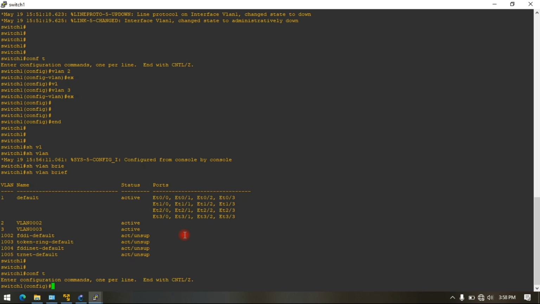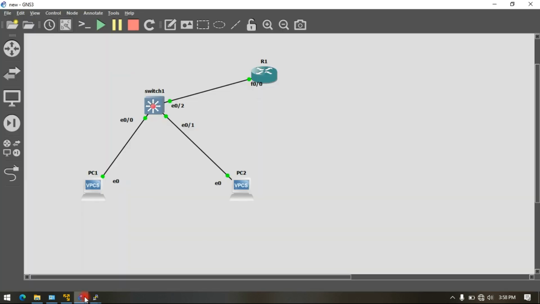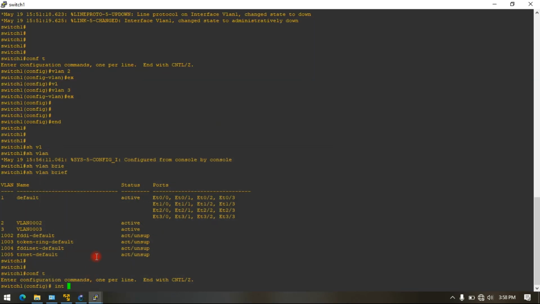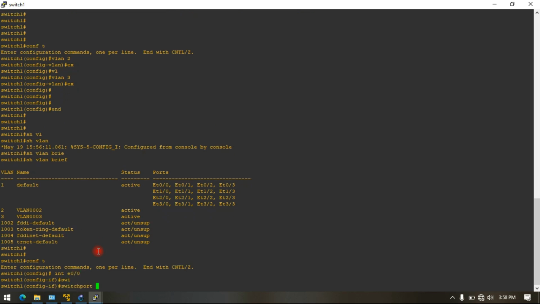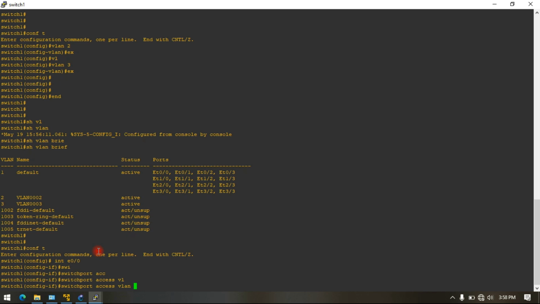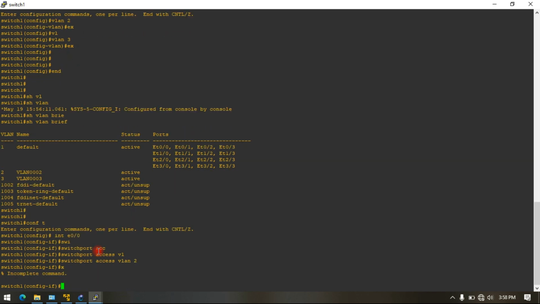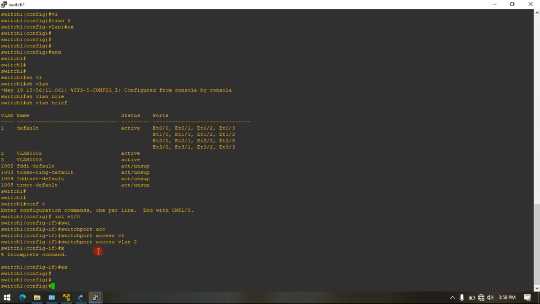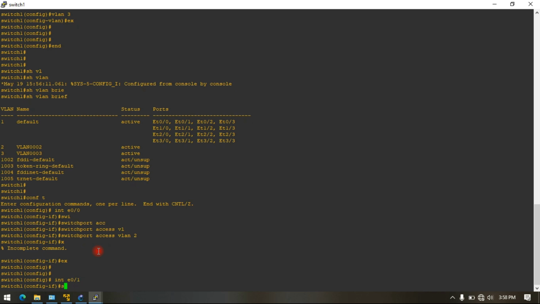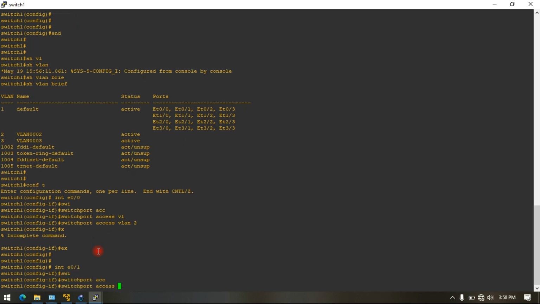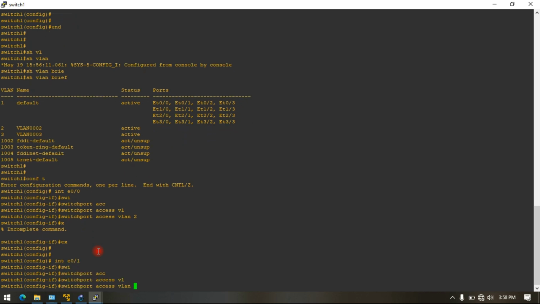So interface, let me see, I'm taking the interface connecting, E0/0 and then E0/1. Interface E0/0, switchport access VLAN 2, exit, interface E0/1, switchport access VLAN 3.